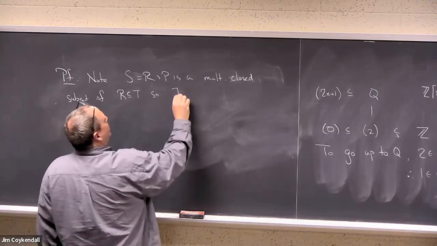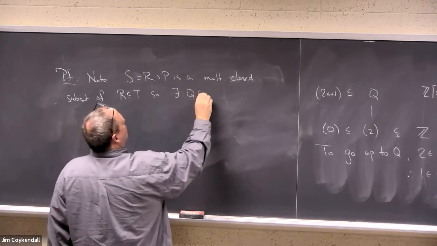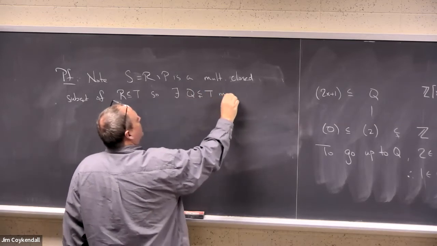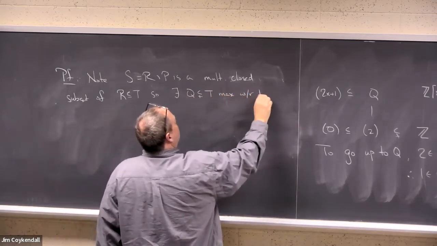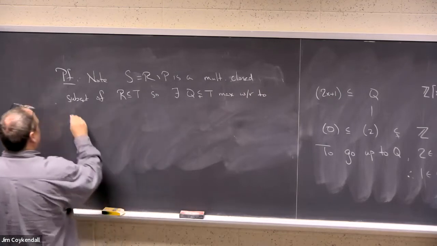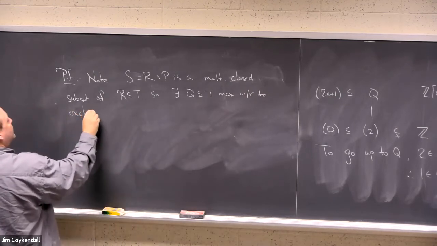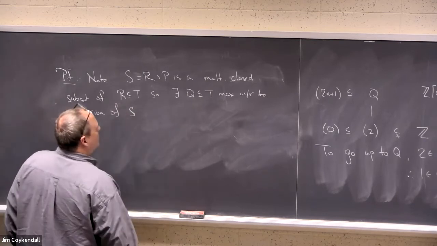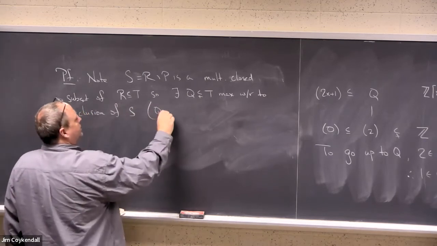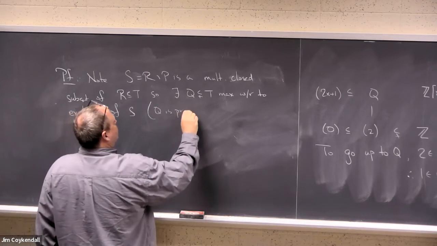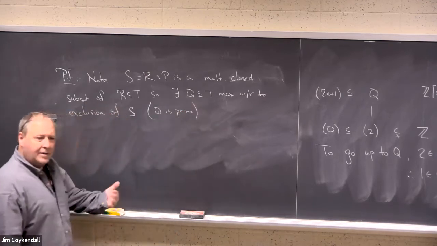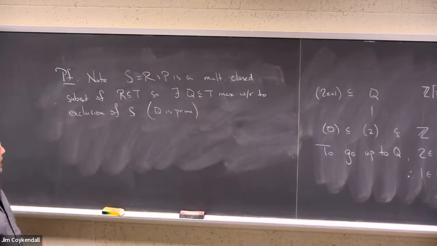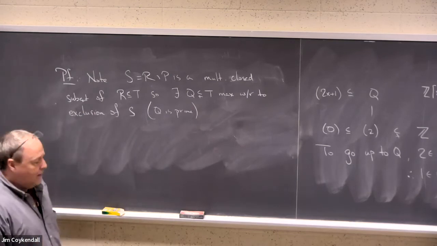So there exists a Q in T maximal with respect to the exclusion of S, and of course Q is prime. It's amazing how many times that old hat just keeps coming back.